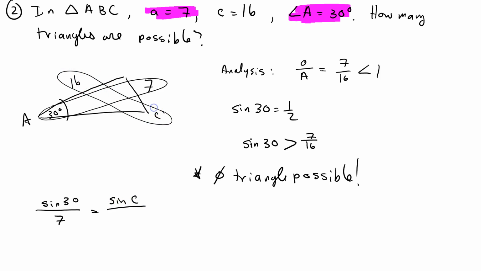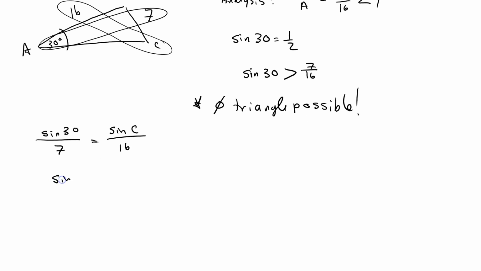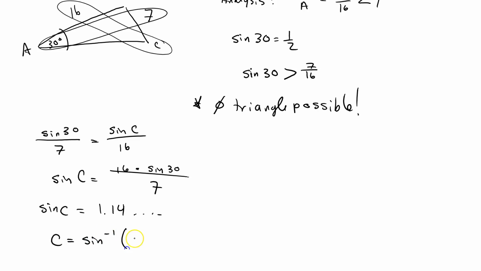So sine C equals 16 times sine of 30 all over 7. That means sine of C equals 1.14, which when you find the angle, C equals sine inverse of 16 times sine 30 over 7, you get an error.